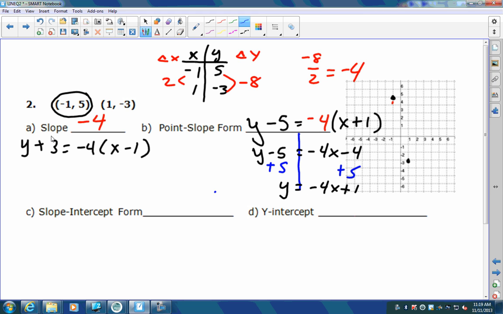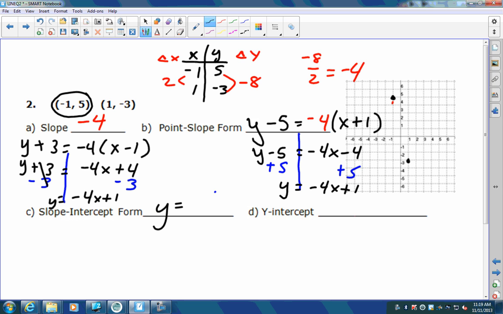I should come up with the same equation if I did the other one. y plus 3 equals negative 4x plus 4. And I would have subtracted 3 from each side. y equals negative 4x plus 1. Sure is, same equation. So my slope-intercept is y equals negative 4x plus 1.